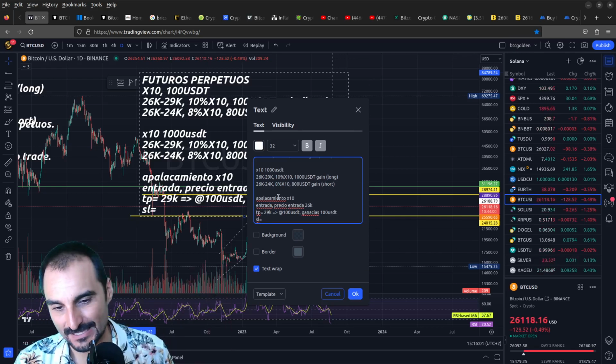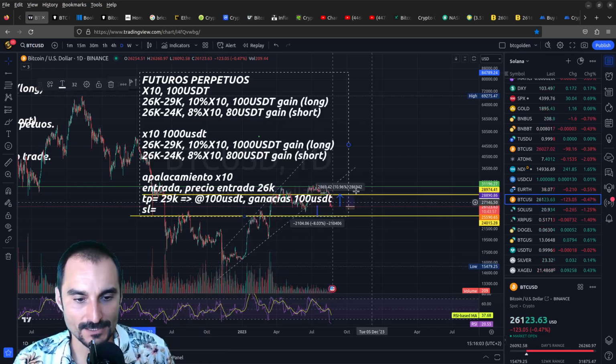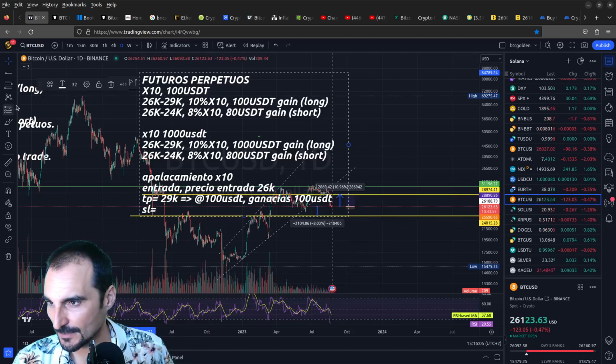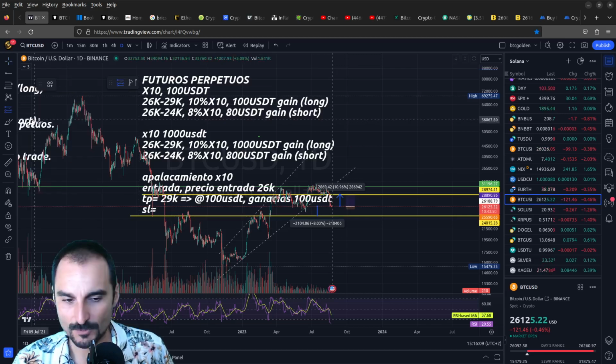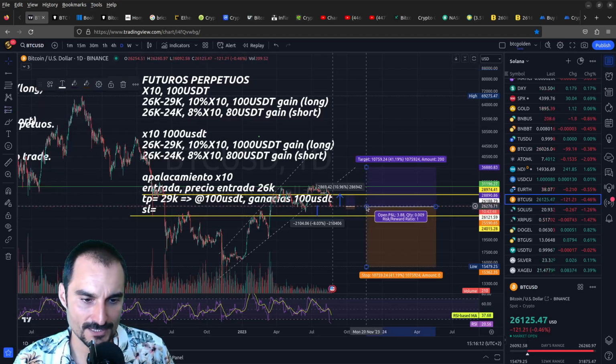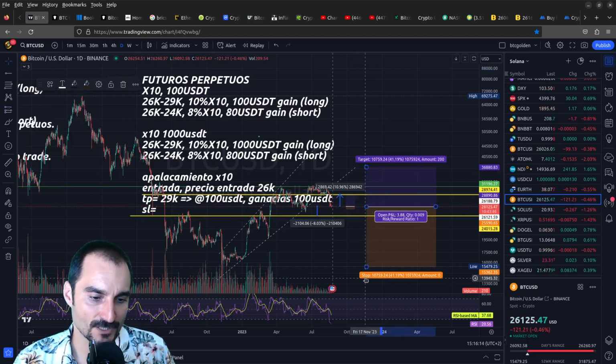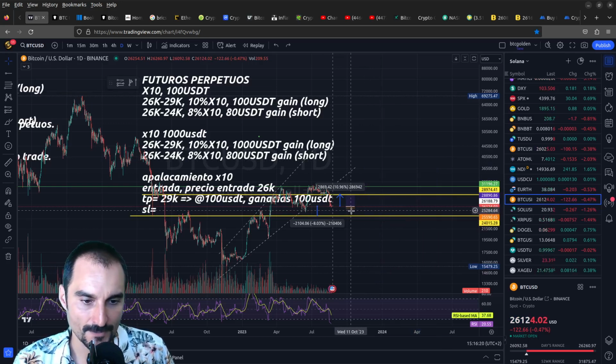In TradingView, you can come here and choose long or short. We take a long and you simply put it where you want, and there it tells us the stop and the target, which is the take profit and the stop loss, which is what I have here now. I'm going to zoom in and we're going to see how the situation would be.